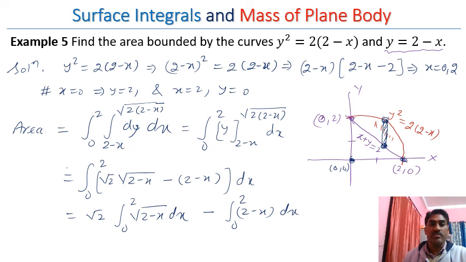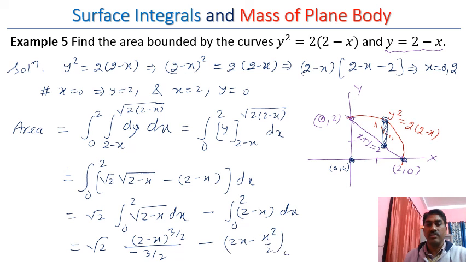You can see that this integrates to (2 minus x) to the power 3 by 2 divided by minus 3 by 2, and this integrates to 2x minus x squared by 2, with limits 0 to 2.